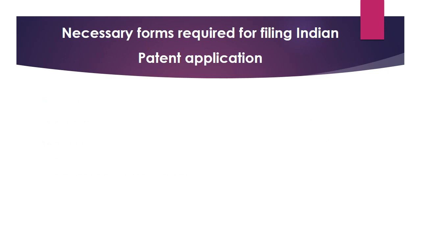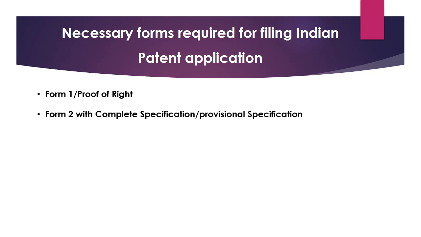Then we'll move to the next topic, the necessary forms required for filing an Indian patent application. The first requirement is Form 1 with a proof of right. In Form 1 itself there is a section for proof of right. I'll show you in the next slide what Form 1 has.